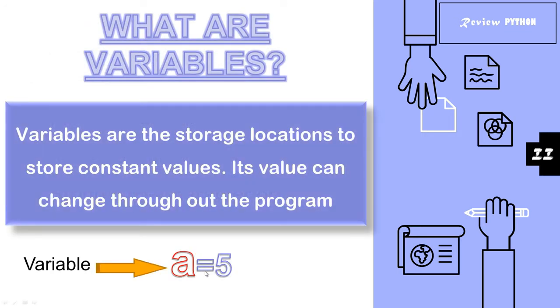This is not the equal to symbol, this is the assignment operator. It means anything on the right hand side of this operator will move towards the left hand side of this operator. In this case, 5 will move towards a. This operator is used to assign values to variables.